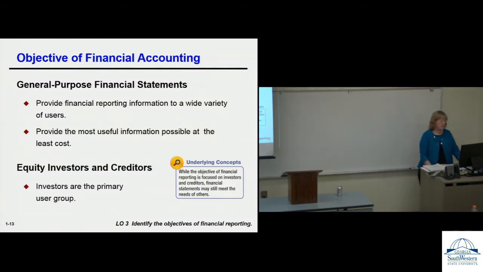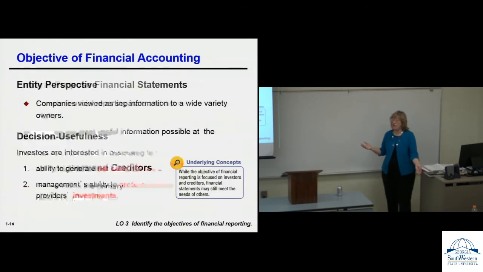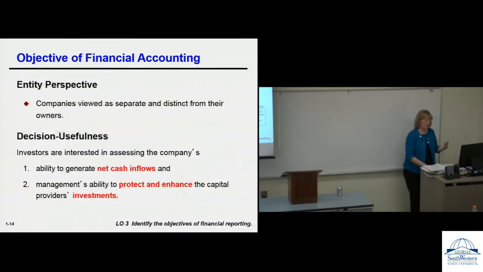And we need to be able to provide this where it doesn't cost a lot, not too expensive. I mean, all of this information, like the auditor, we had to pay the auditor a lot of money, and then to come up with a lot of these ratios and analysis and all of that, that's expensive. Information costs money to produce, and we don't want to give extra information that's not useful, okay?